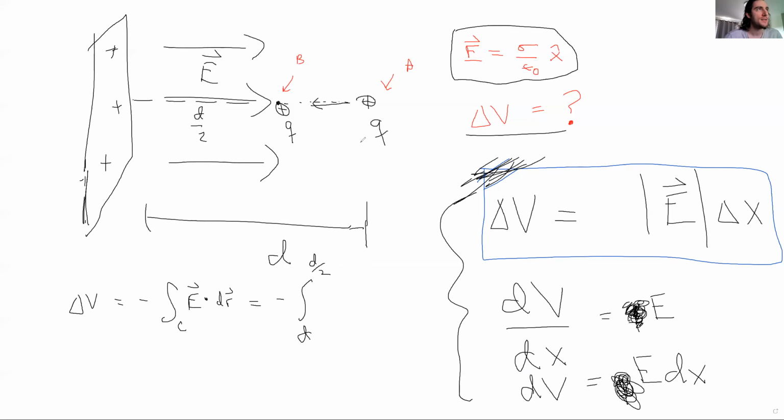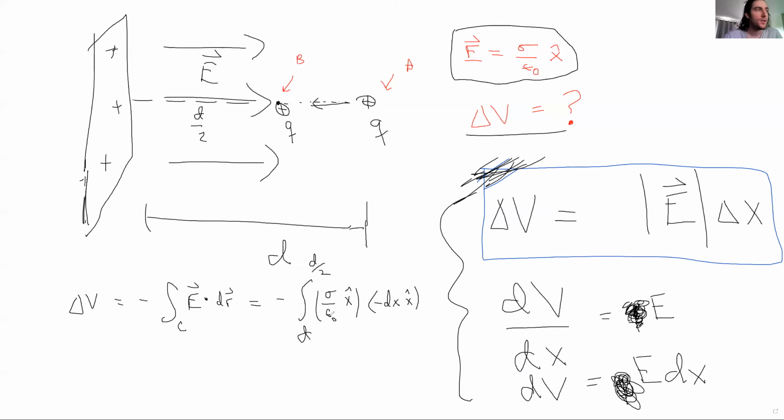Our dr vector is going to be minus dx x hat, and our electric field is sigma over epsilon naught x hat. This is just the sheet of charge.